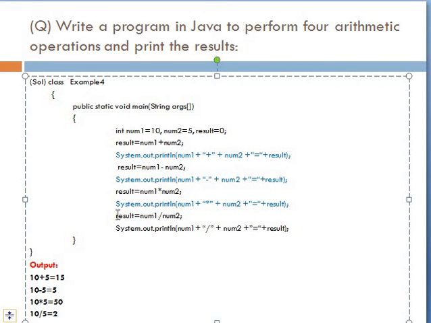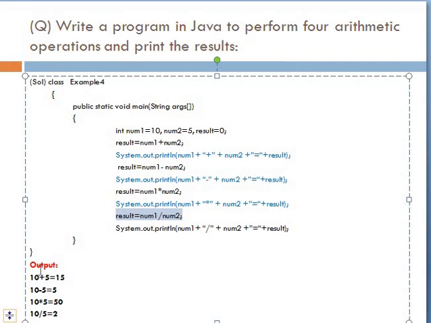Now result has been calculated to be what? Num1 divided by num2. As num1 was 10 and num2 is 5, so 10 divided by 5 is 2. As I have already told, 5 2s are 10, so 2 is the quotient, so num1 divided by num2 returns the quotient, which is 2. So that's why the value of the variable result is also 2. So in the output I can see 10 divided by 5 equal to 2, where slash denotes division.